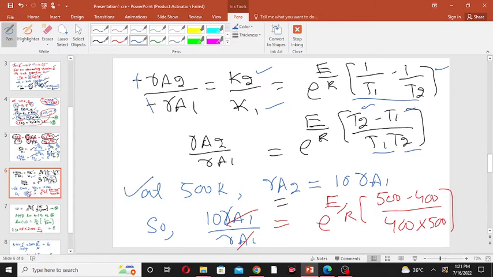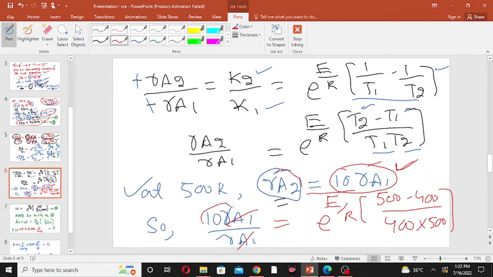Now at 500 Kelvin, the rate equation is Ra2, and it is given that the rate of reaction at 500 Kelvin is 10 times that at 400 Kelvin. So Ra2 is equal to 10 times Ra1.